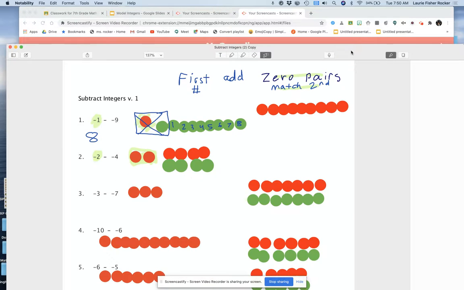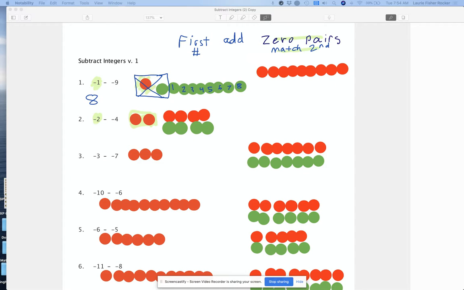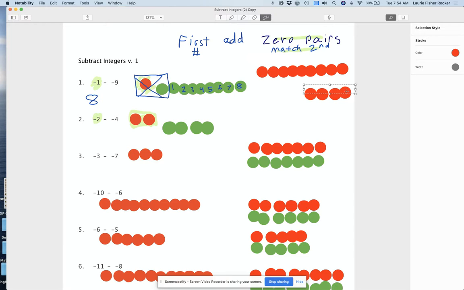I take away these -4, and I look at what's left.